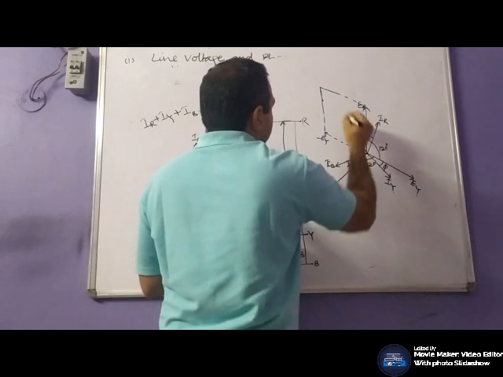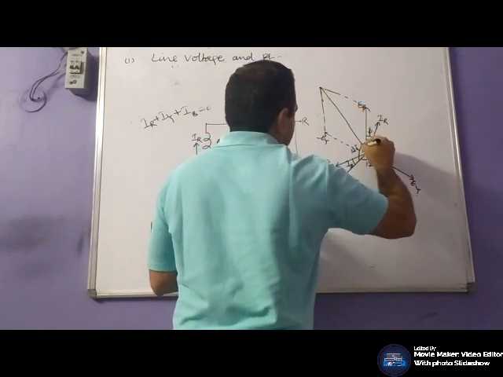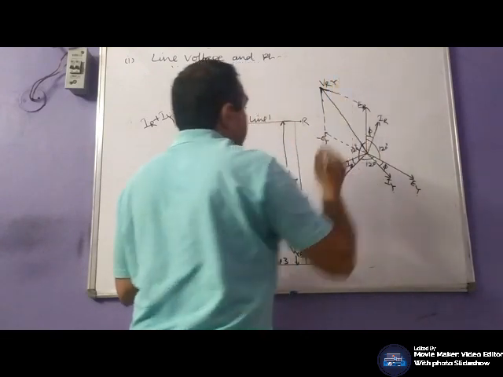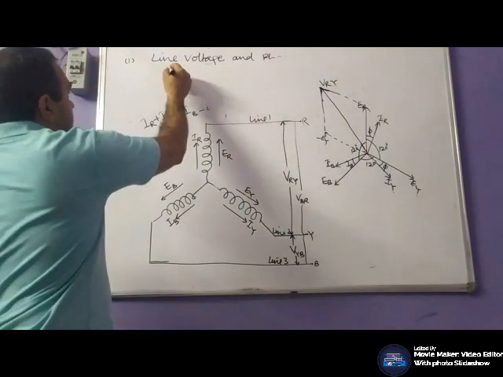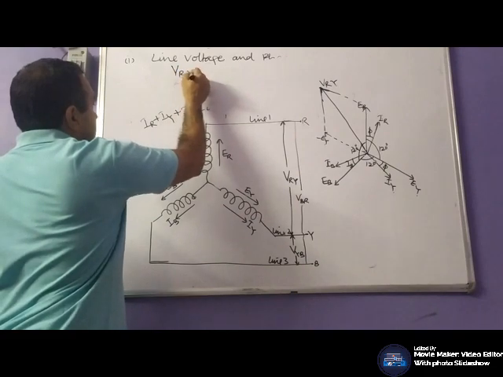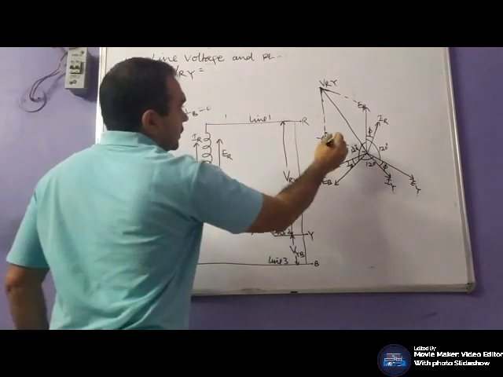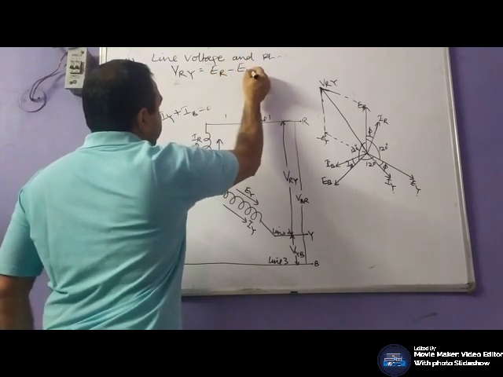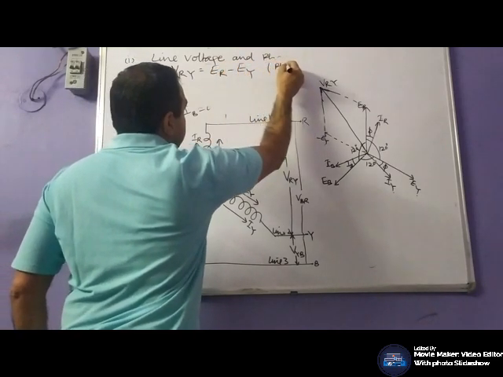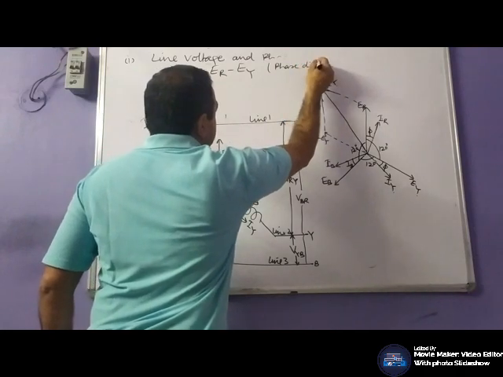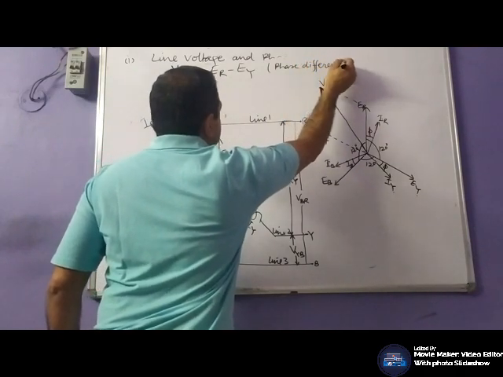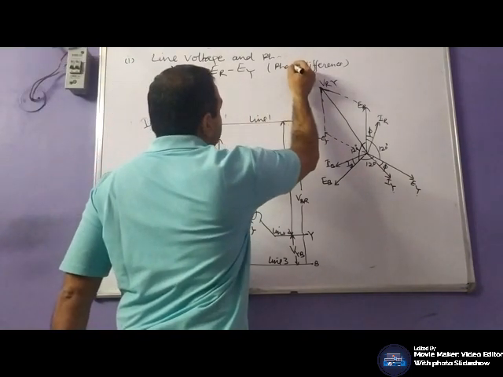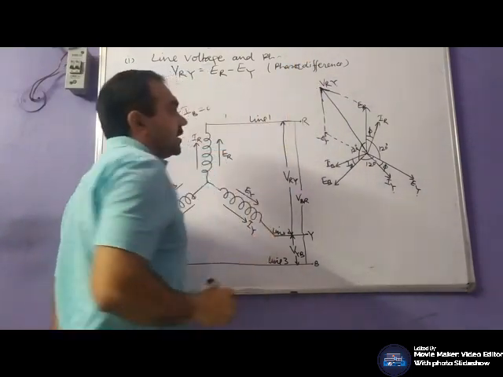And this VRY is ER minus EY, the phasor difference, or vector difference.